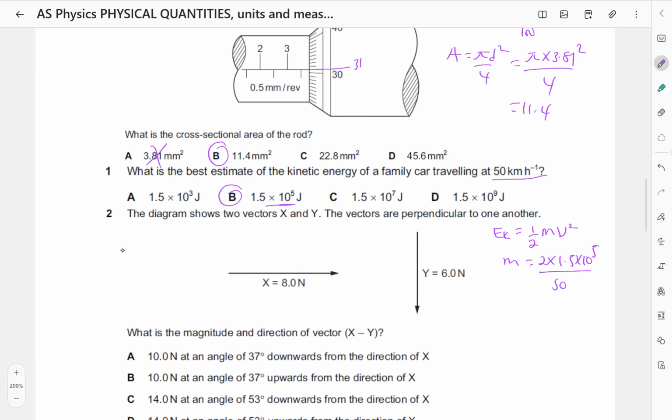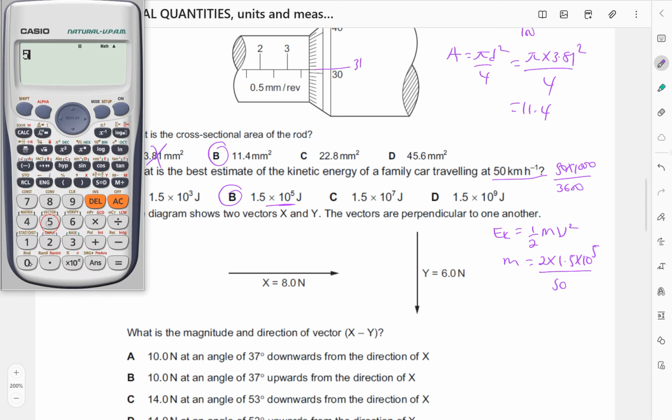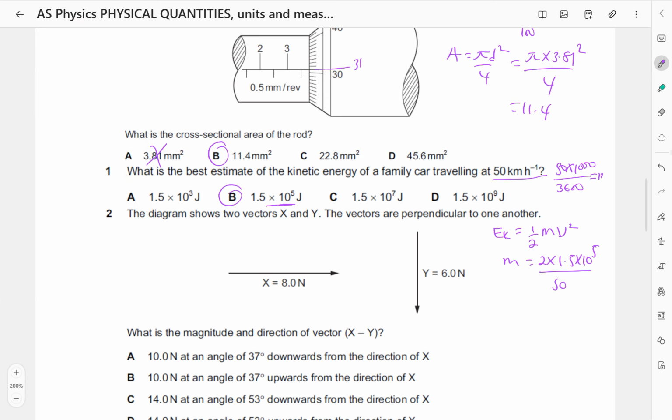So this is going to be 50 times 1000 divided by an hour, which is 3600. That is 13.9. I will just use 14 approximately.